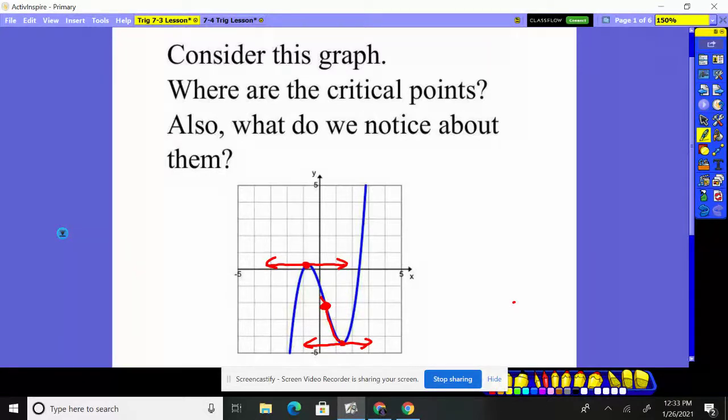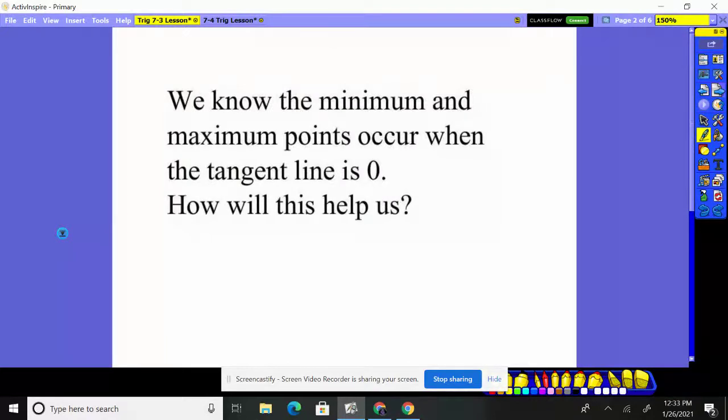Now, if it's horizontal, what does that mean the slope has to be? Well, this is critical. The slope is going to be 0 there. So we can find our minimum and maximum points by knowing that the tangent line will have a slope of 0. So the minimum and maximum points occur when the tangent line has a slope of 0.